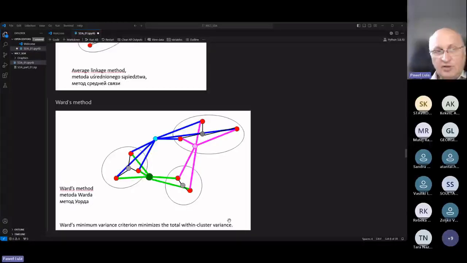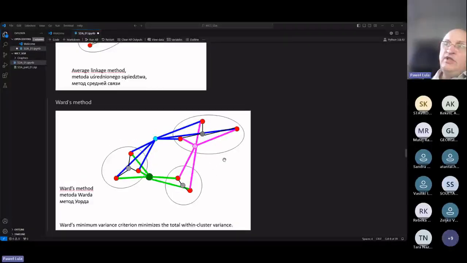After these calculations, we should consider what will happen if we join these 2 clusters. After joining these 2 clusters in one cluster, then the centroid of this new cluster will be here. It is represented by this green point. And distances between this centroid and points which we have in this cluster are represented by these green lines.